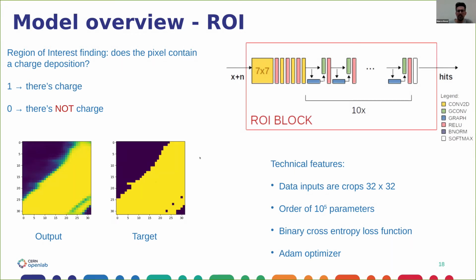The technical features of this ROI block. Well, this ROI block takes as inputs the noisy crops and outputs the hits, like this one. It's comprised of several stacked layers. First, we have several convolutions, 7 by 7, with filters of these sizes, and then some graph convolutional layers.